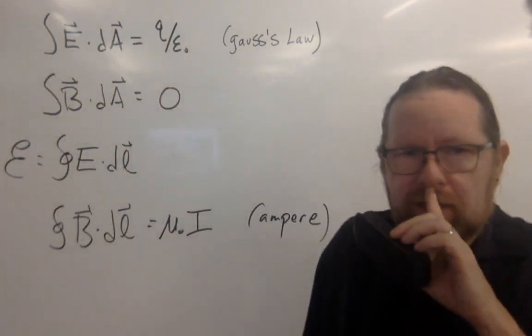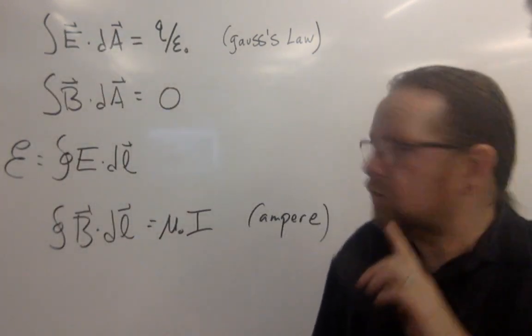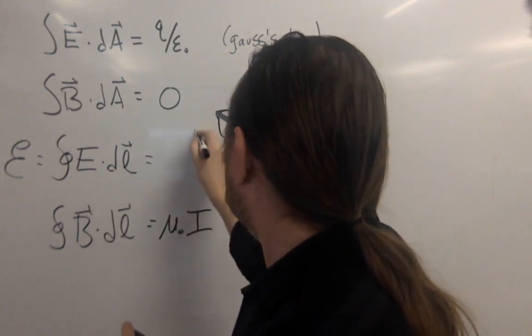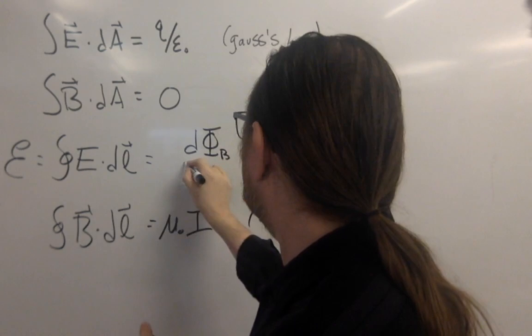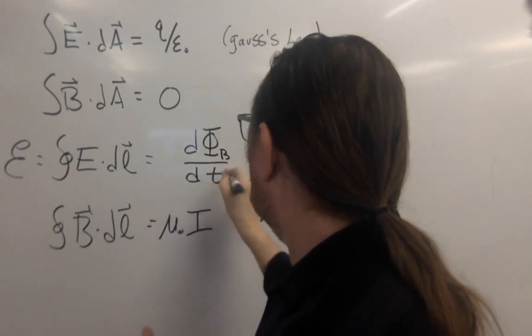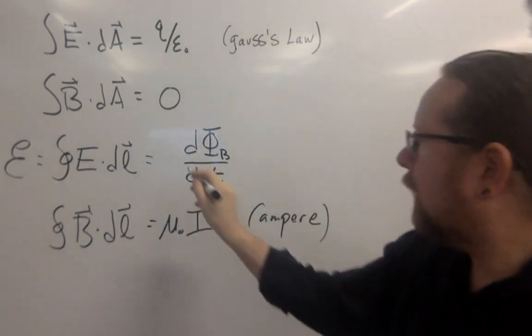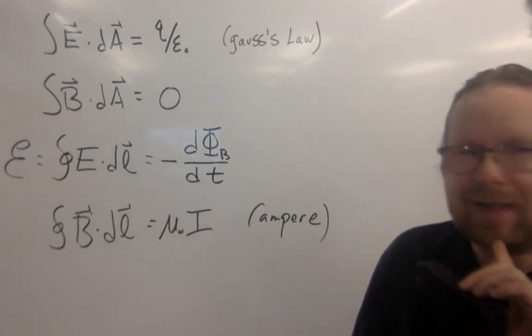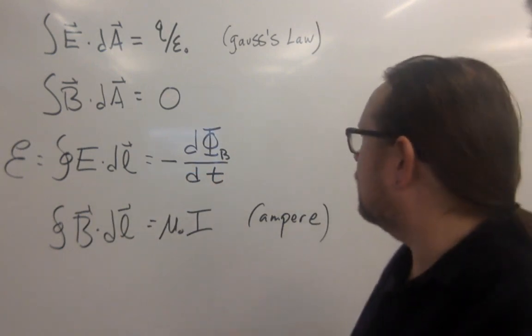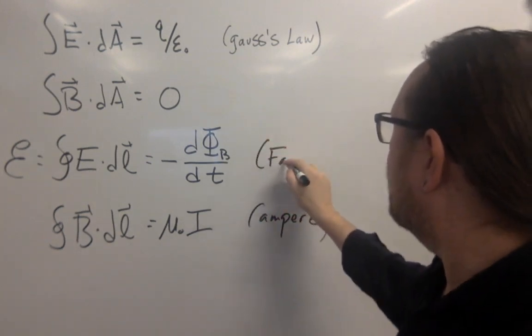The integral of E dot dl is equal to the negative of the rate of change of the magnetic flux through that loop, and that negative sign in that law is very, very important. The negative sign by itself is essentially Lenz's law, but this law is due to Faraday.